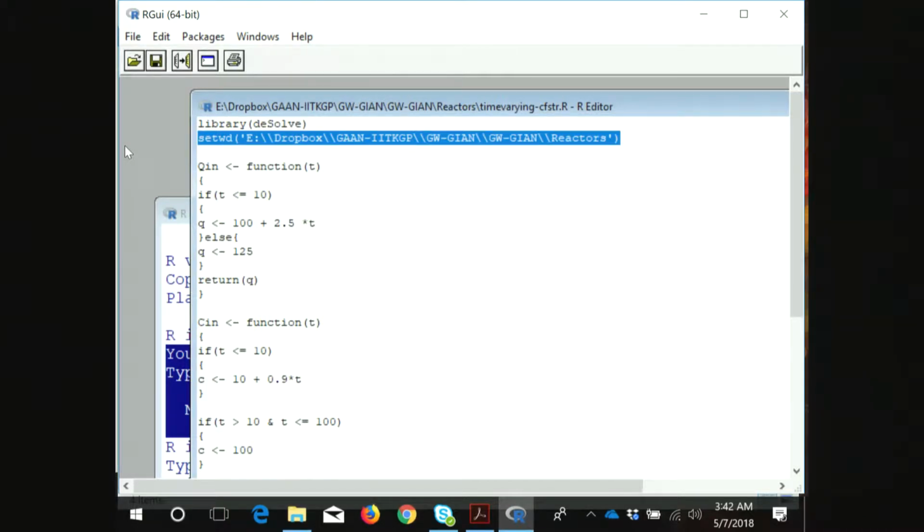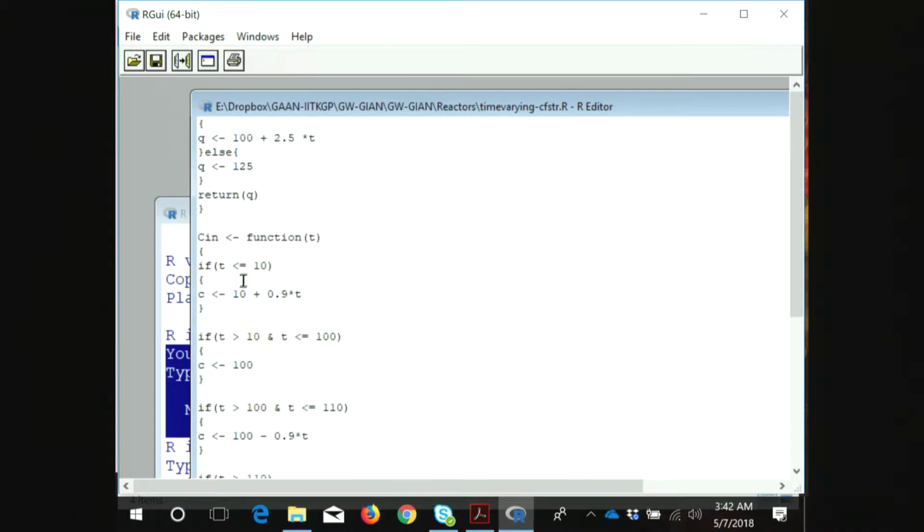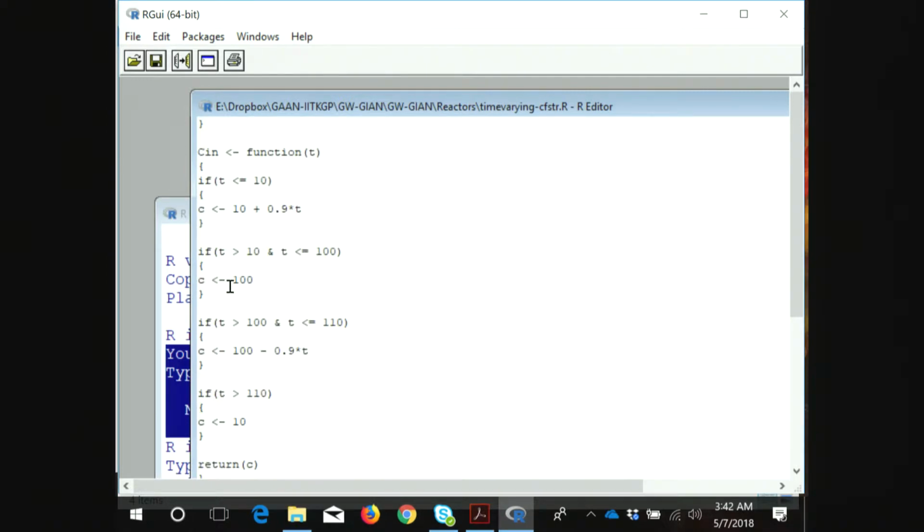Okay. Our inlet concentration is also a function of time. So if t is less than 10, c is 10 plus 0.9t, so it goes from 10 all the way to 100. If it's greater than 10 and less than 100, then it's just 100.